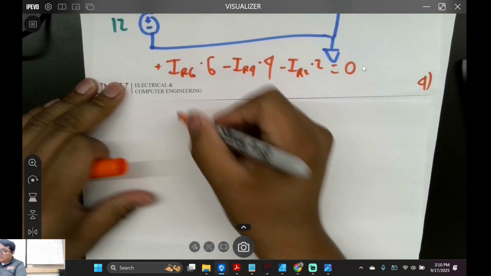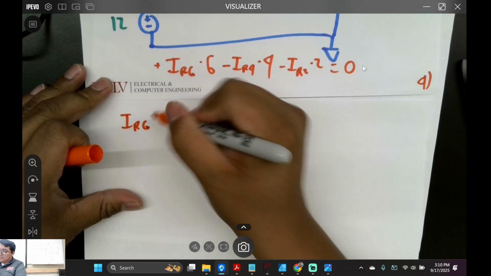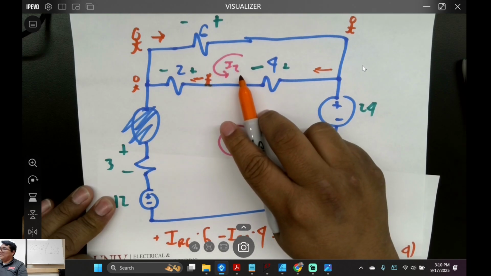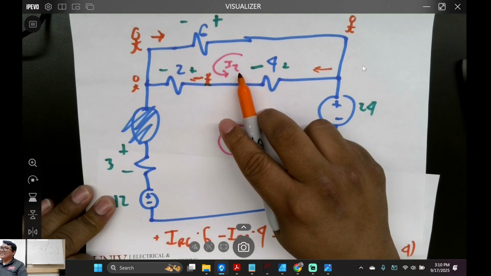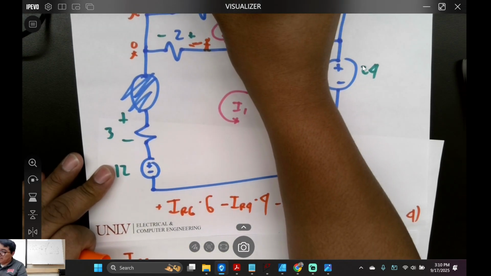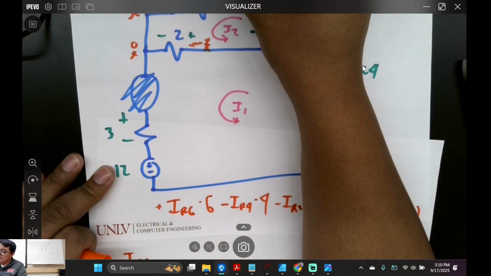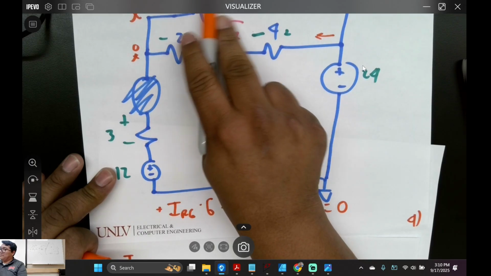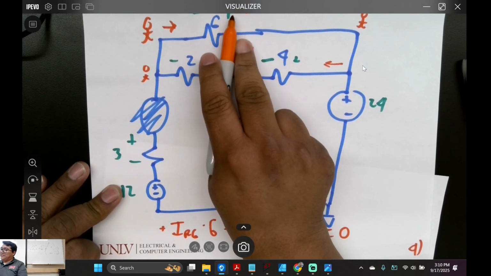So IR6, what's the current in this resistor right here relative to I2? Well, here's IR6. I'm going to show you this, because I said plus to minus. I defined plus to minus where the current IR6 is going this way.